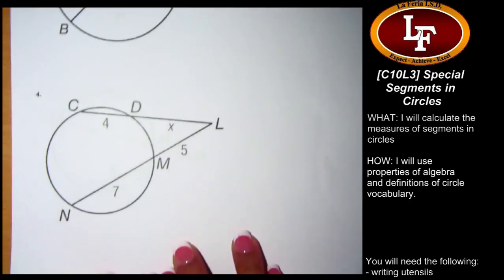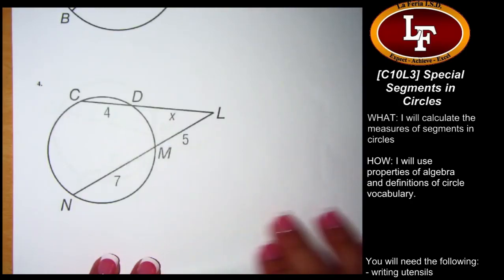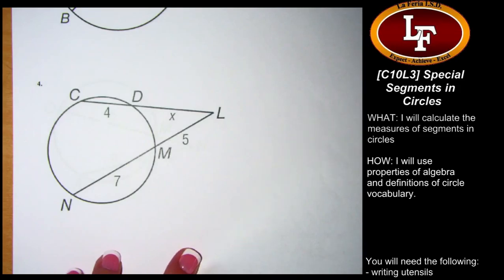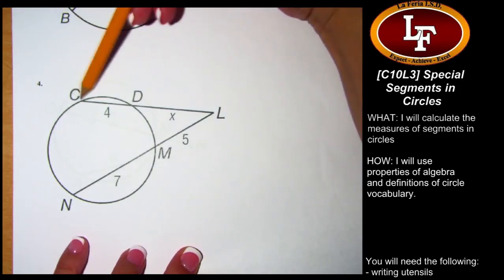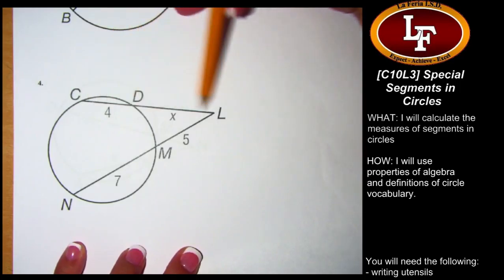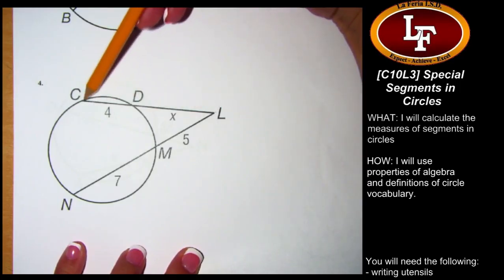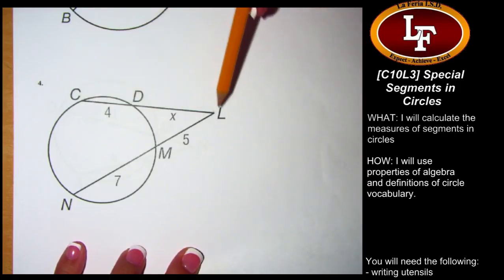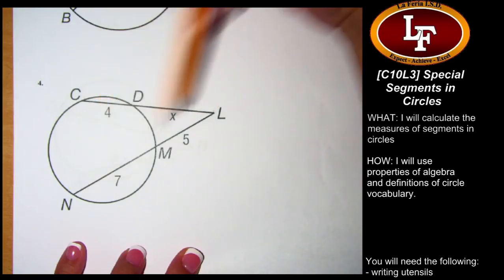Take a look at number 4. Which setup do we have? Number 2, secant theorem number 2. Remember, secant theorem number 2 says each secant segment, so you have to identify your secants. In this case, C to L is one secant. L to N is another secant.